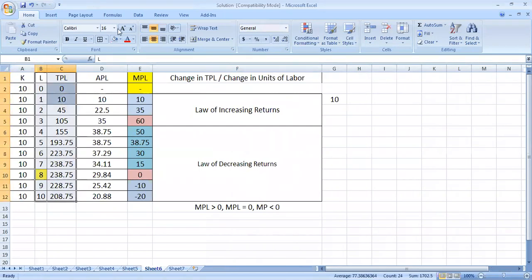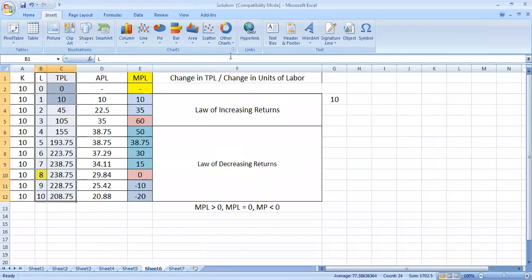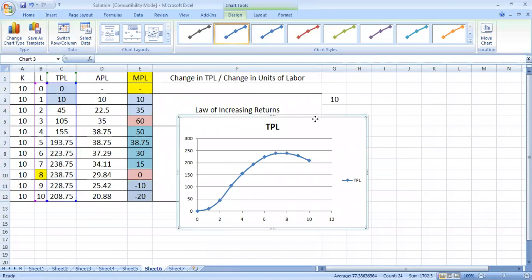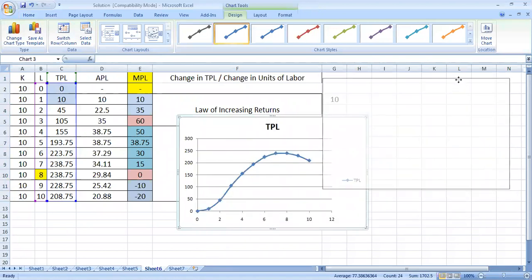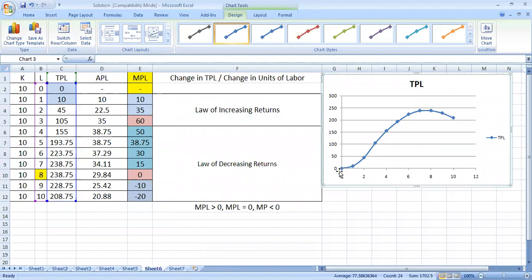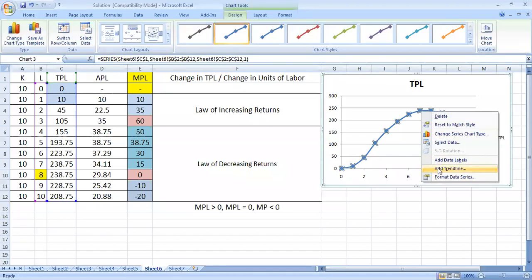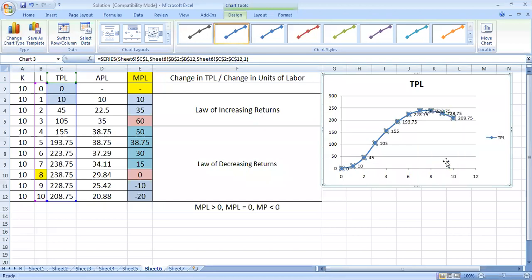I've selected these two columns. Open up insert scatter diagram, and you can see that this is a graph of total product of labor. You could see that along the vertical axis we have units of output, and along the horizontal axis we have units of labor, right? Let me just make you clear about it. Let me add labels.